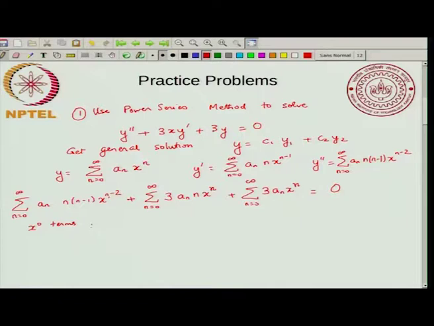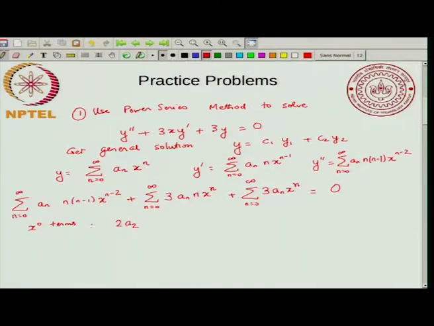Okay, now if n equal to 2, in this case you can have n equal to 2. So what you will get is 2 into 1 is 2a2.